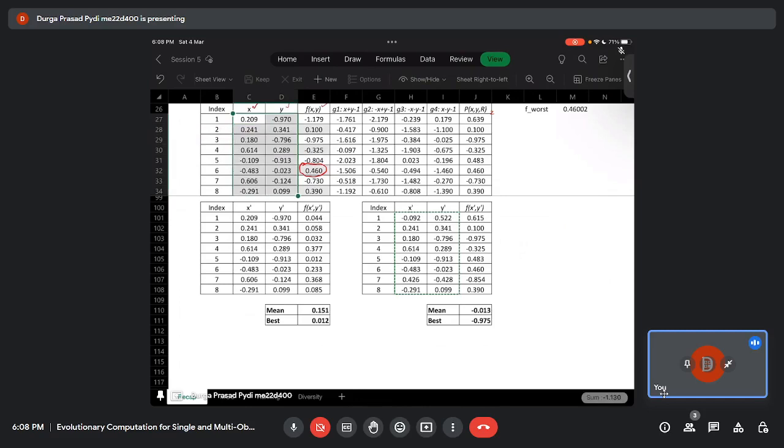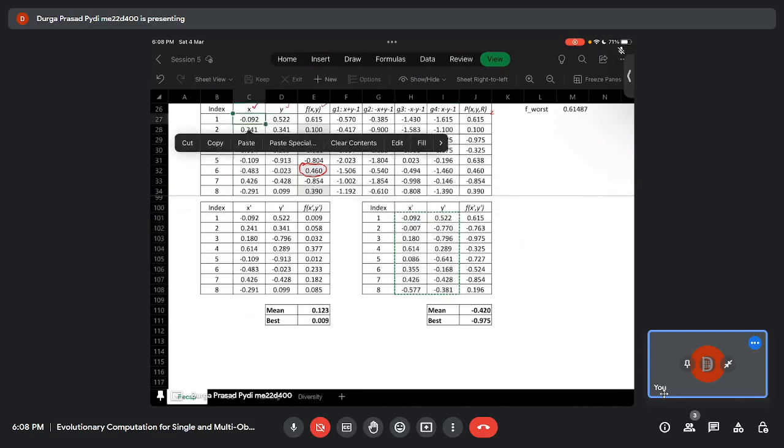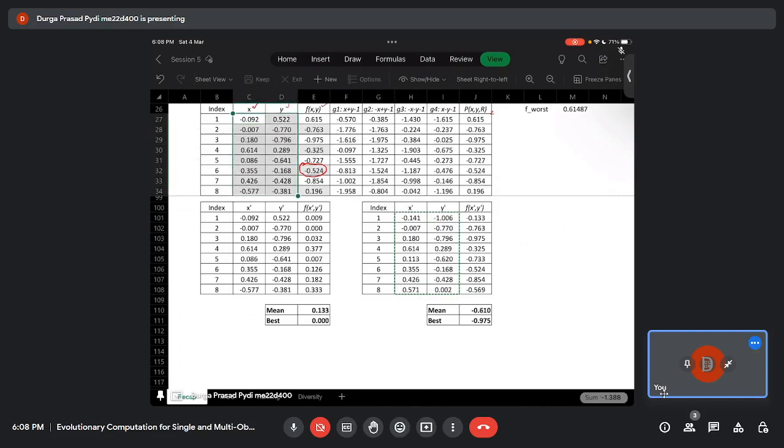So you can see the mean value has decreased even further, and maybe after some iterations we'll actually converge. As you can see, the mean value is gradually decreasing, but the best value is still minus 0.975.